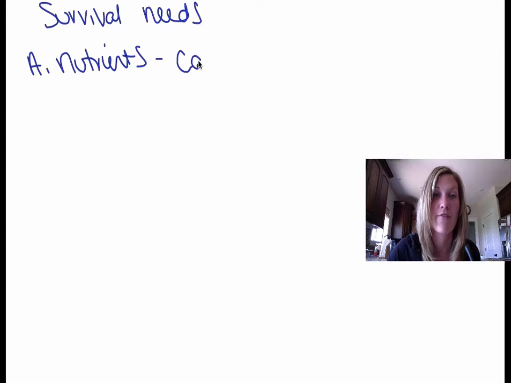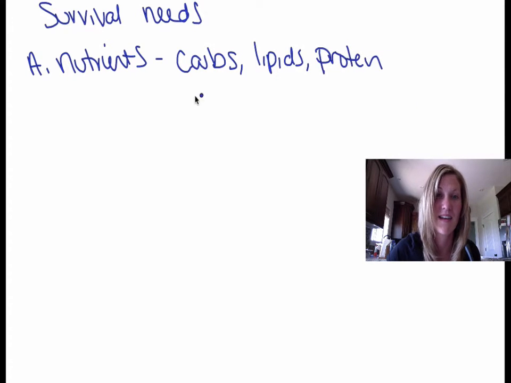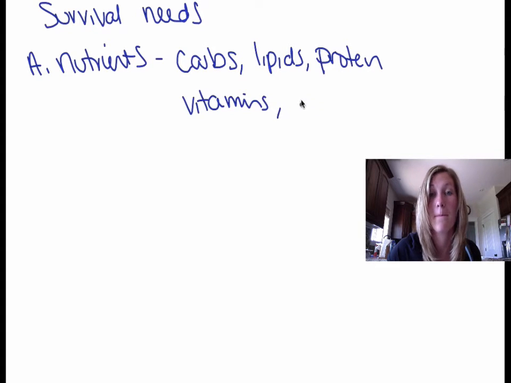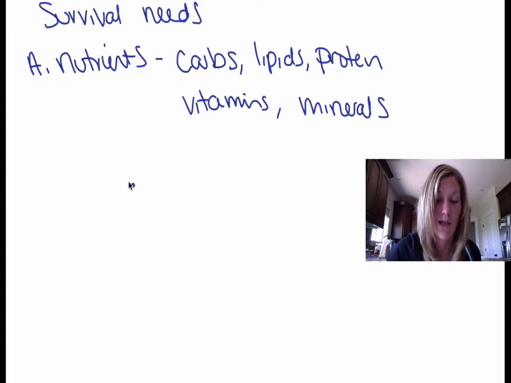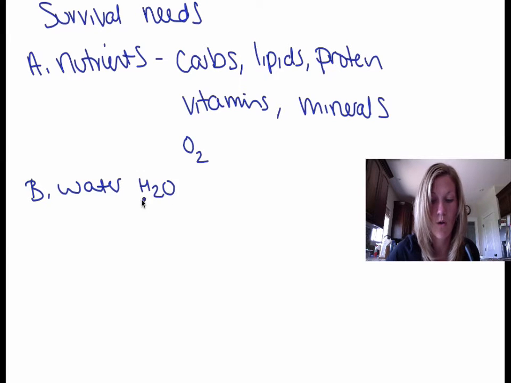If you remember that from biology, that's going to be carbs, lipids, protein. In addition, we'll add vitamins and minerals to this. Oxygen, O2. Another one is going to be water, or H2O.